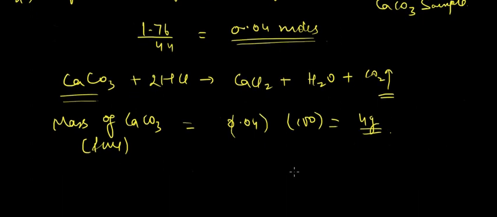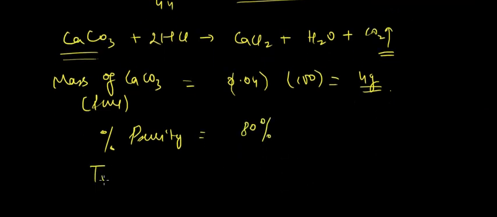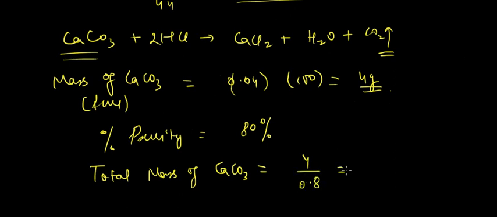Okay, and what is the percentage purity? Purity is 80%. Okay, so now total mass of CaCO3 that should be used in the mixture would be 4 upon 0.8, that should come out to be 5 grams.